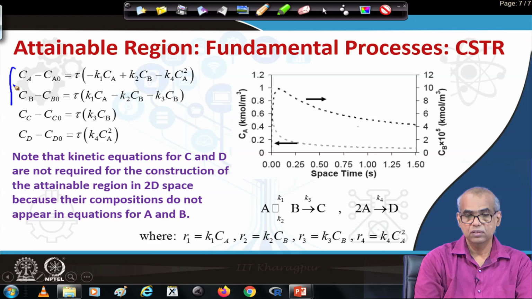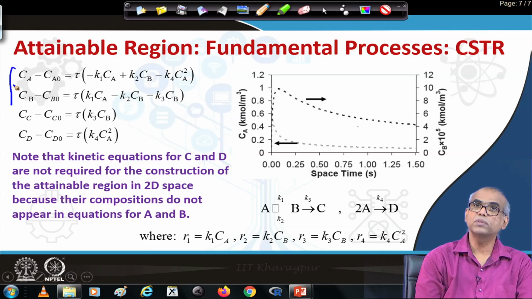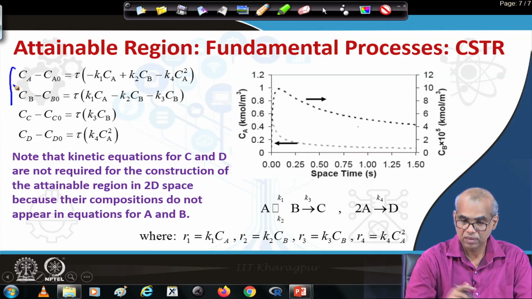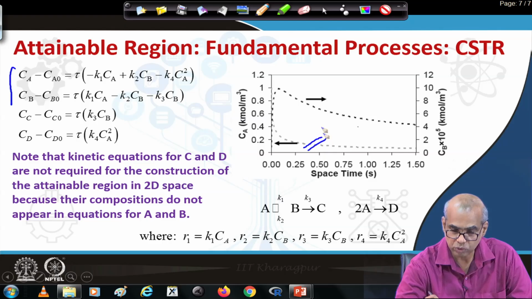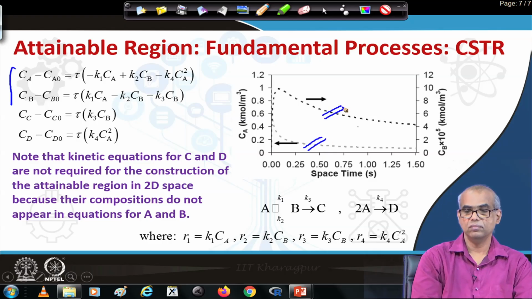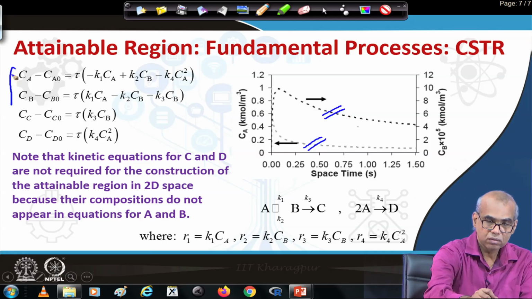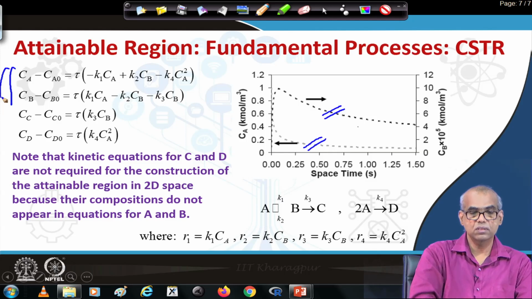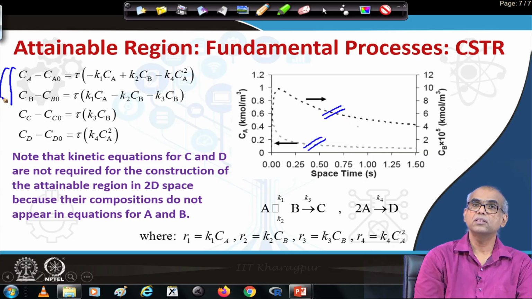Here, for given values of tau, we can solve these first two equations and find out the concentrations of A and B. So, these are those solutions. For different values of space time, we have solved these first two equations and then can generate this plot: concentration of A versus space time and concentration of B versus space time.